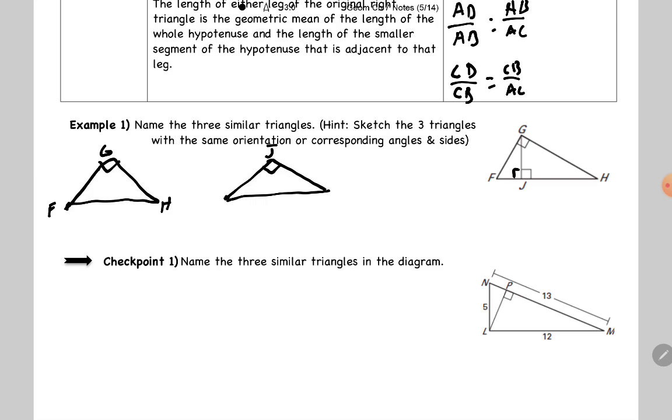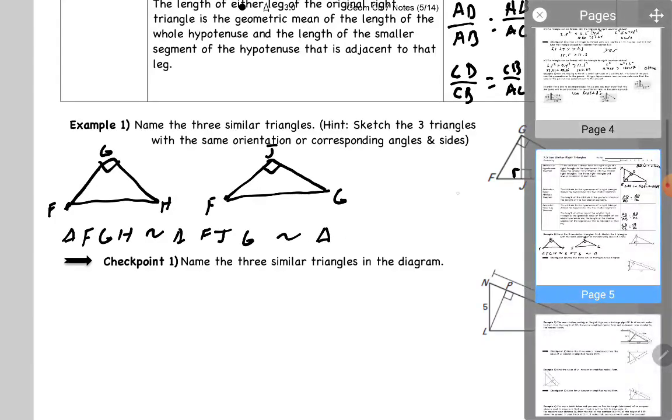So the small leg of the left triangle is FJ, and then the longer leg is G. So I have FGH is similar to FJG, which is similar to triangle.